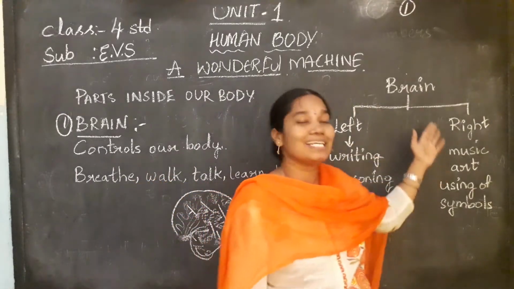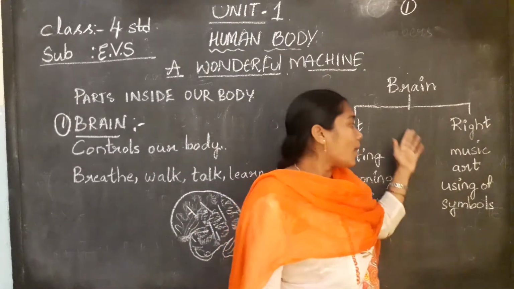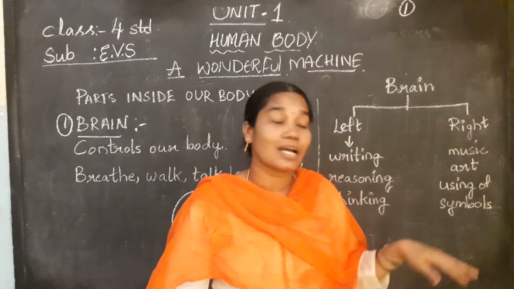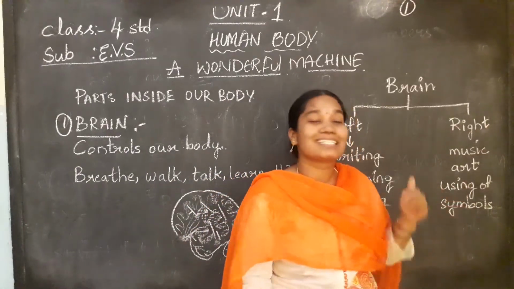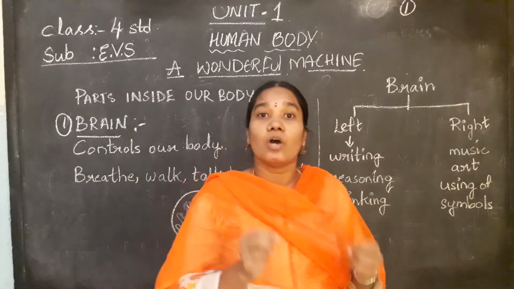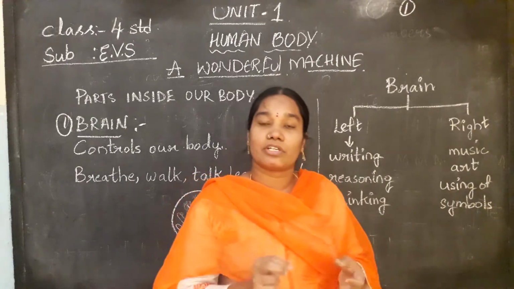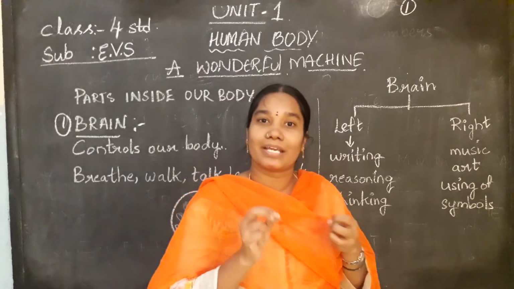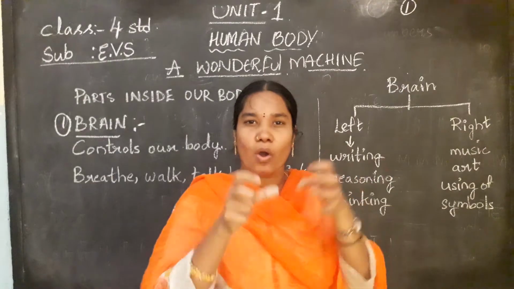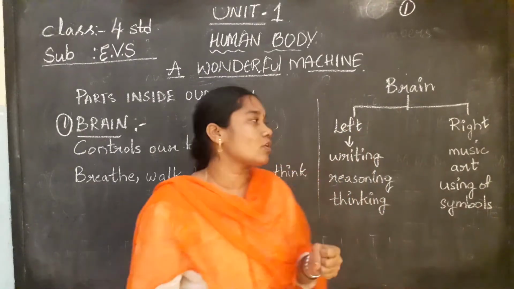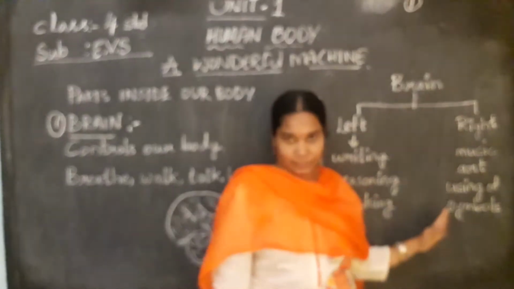One more part is the right side. It handles playing music and the art of using symbols. You have to recognize symbols, draw them, and play music. All these activities are under the control of the right side of the brain.